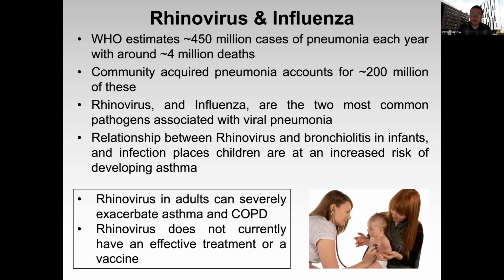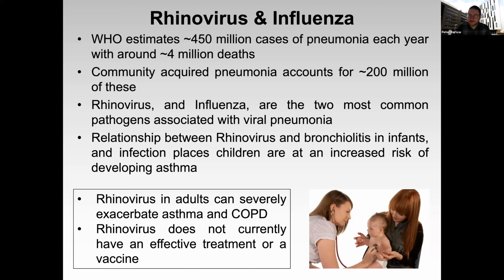The World Health Organization thinks that there's around 450 million cases of pneumonia each year, and around 4 million people die from that. Because rhinovirus and influenza are so closely associated with viral pneumonia, we wanted to see what the effects of host defense peptides against rhinovirus and influenza were.